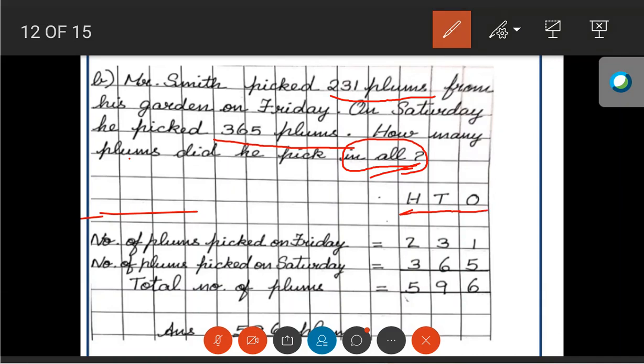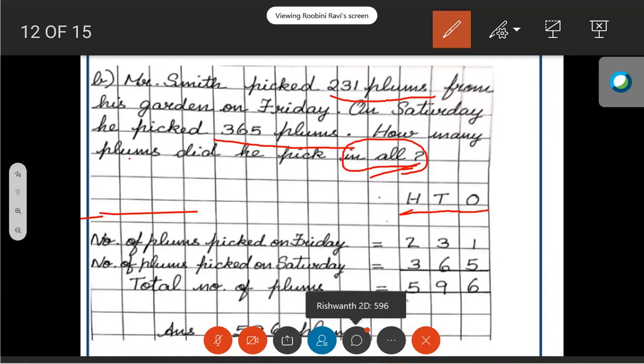Then leave one line for your carry forward numbers. Then you start. I told you, number you can write N-O dot, because the short form has to fit on one line. Otherwise it will confuse you.